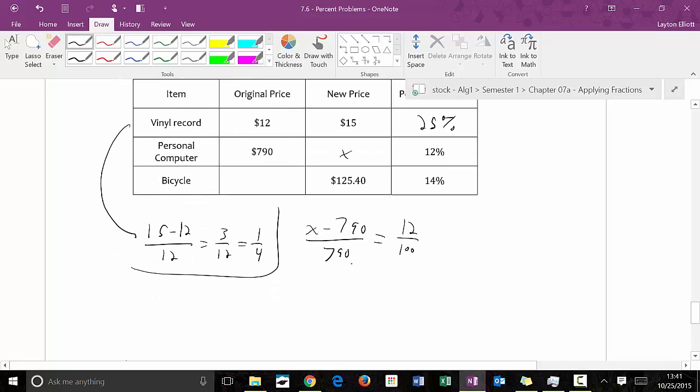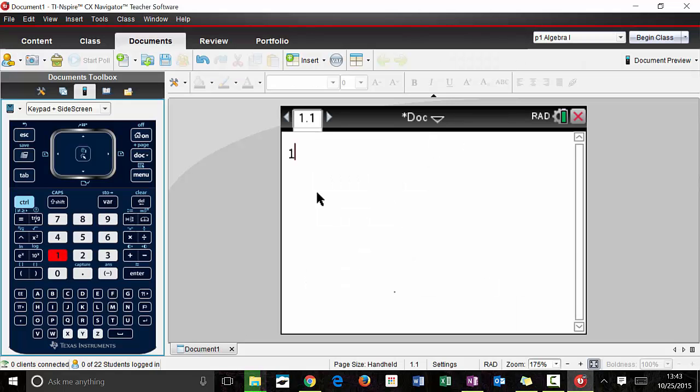Then I cross multiply, so 12 times 790. 12 times 790 equals 100x minus 7900. So 12 times 790 is, I'm using your calculators, 9480.